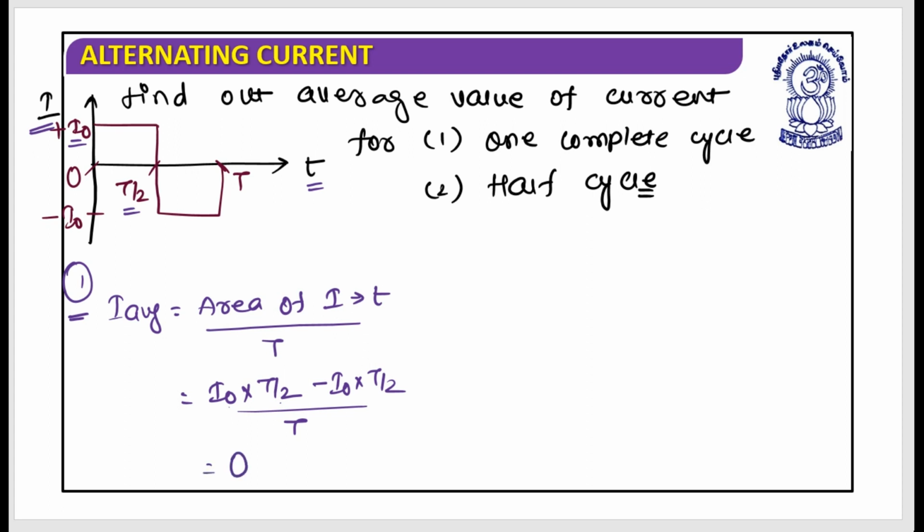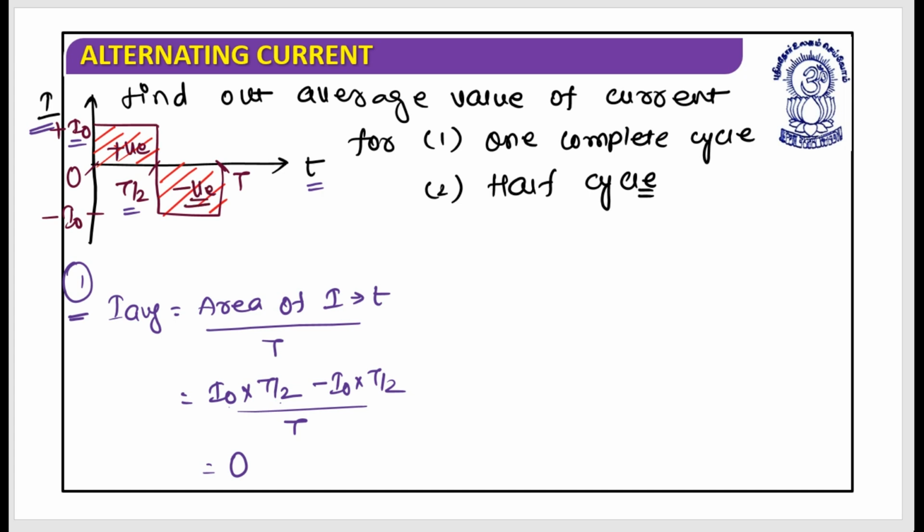Even from an analytical point of view, you can see that whatever area forms here is positive, and whatever area I form over here will be negative.